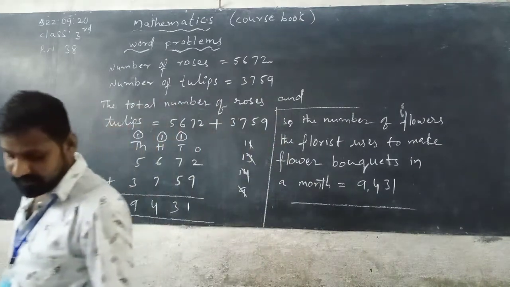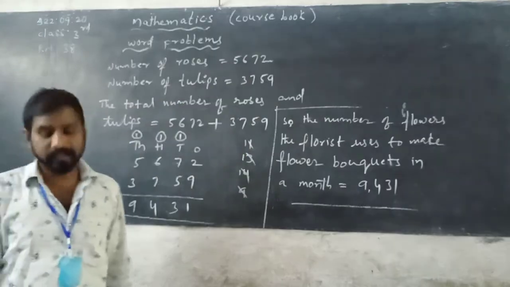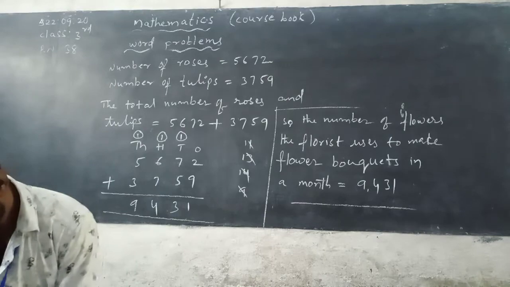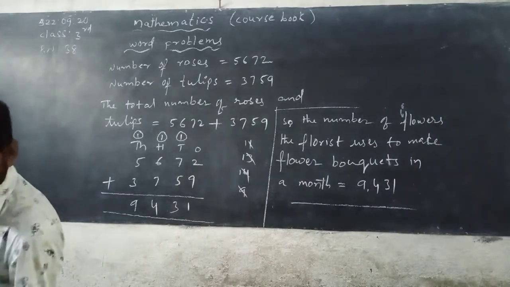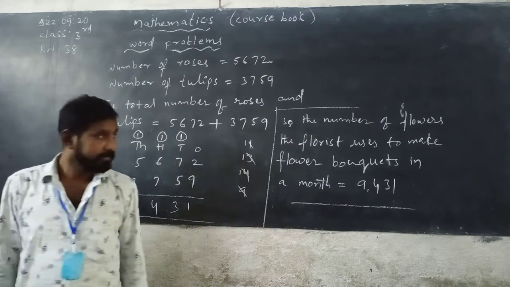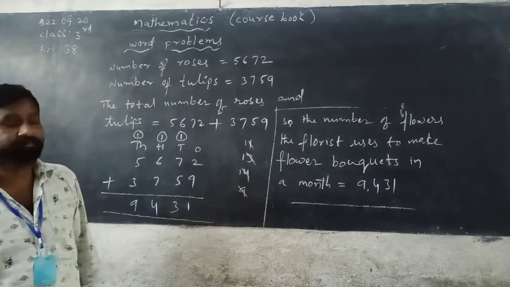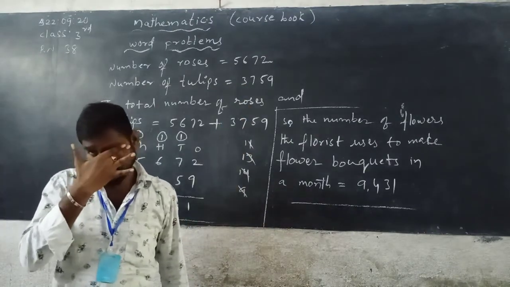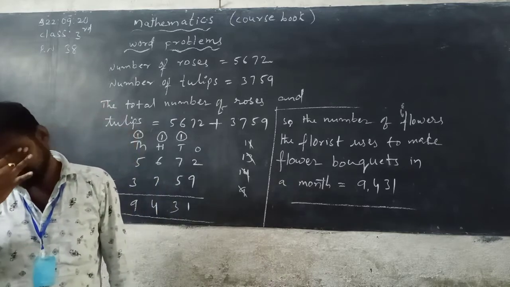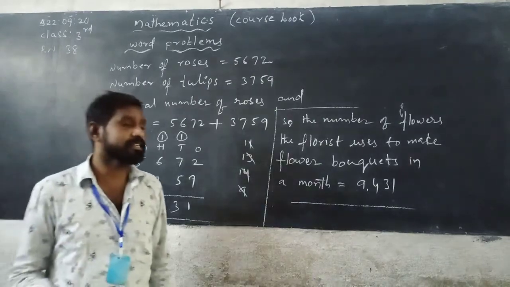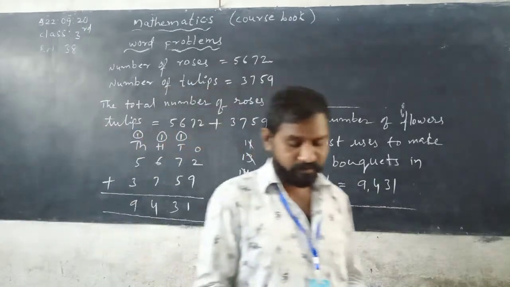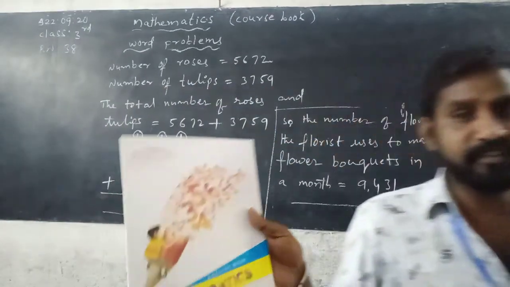See here. Now next, everybody open your activity book. So our course book is completed. Next, activity book. Everybody write down in your CW. See here. This is the Astagen series. Everybody open your activity book.